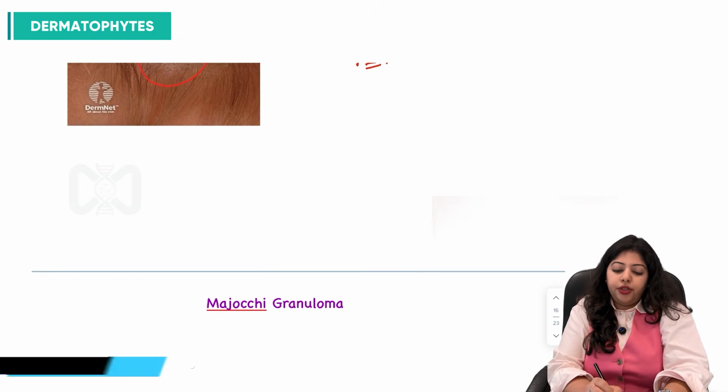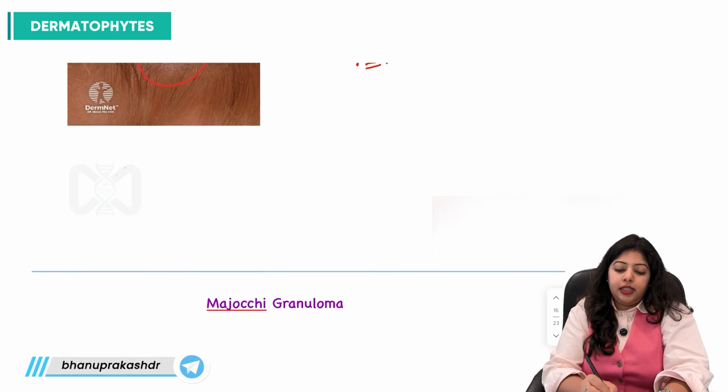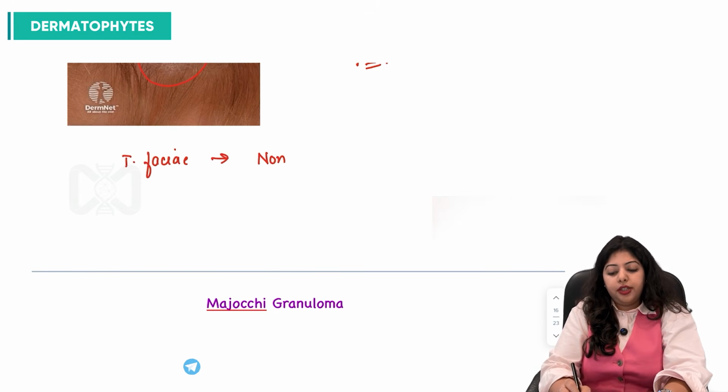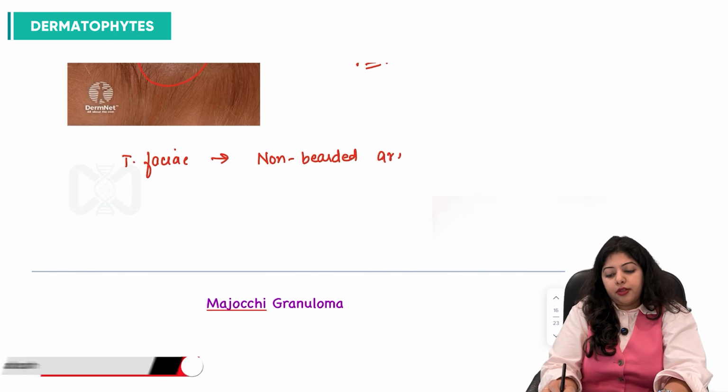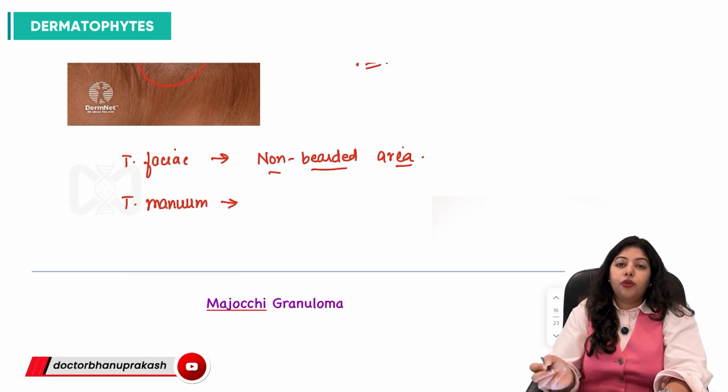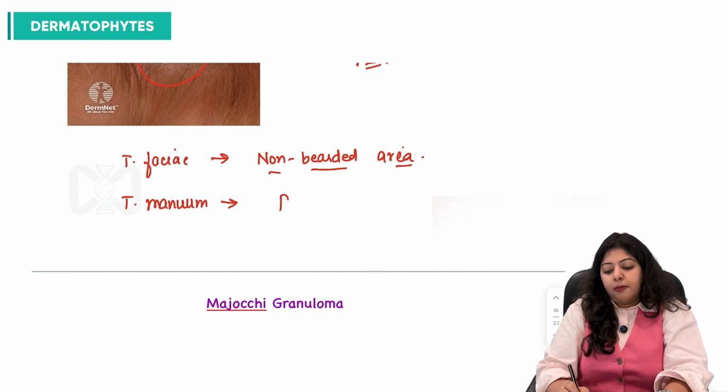Another important two things which get asked are Tinea faciei, which is involving the non-bearded area, and Tinea manuum, which is involving the palmar aspect of the hand.